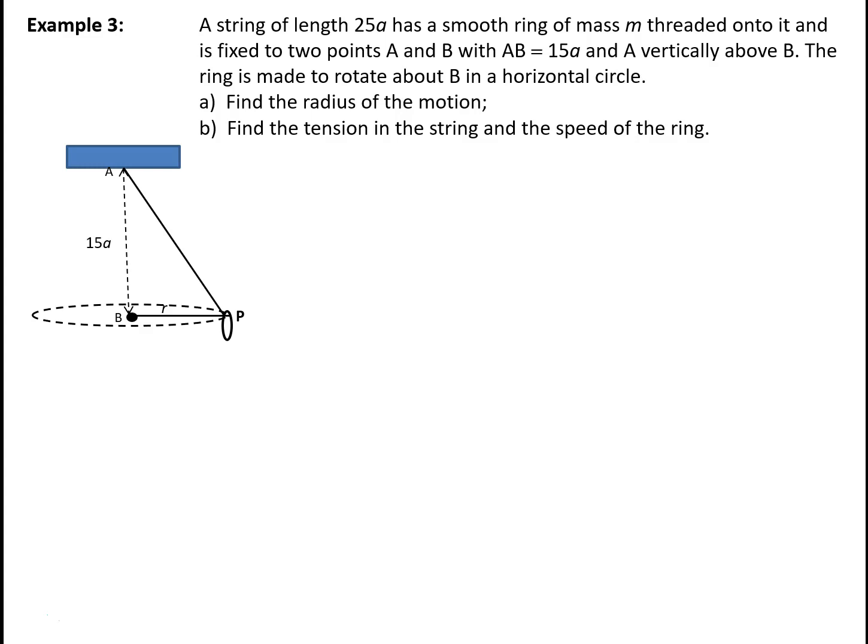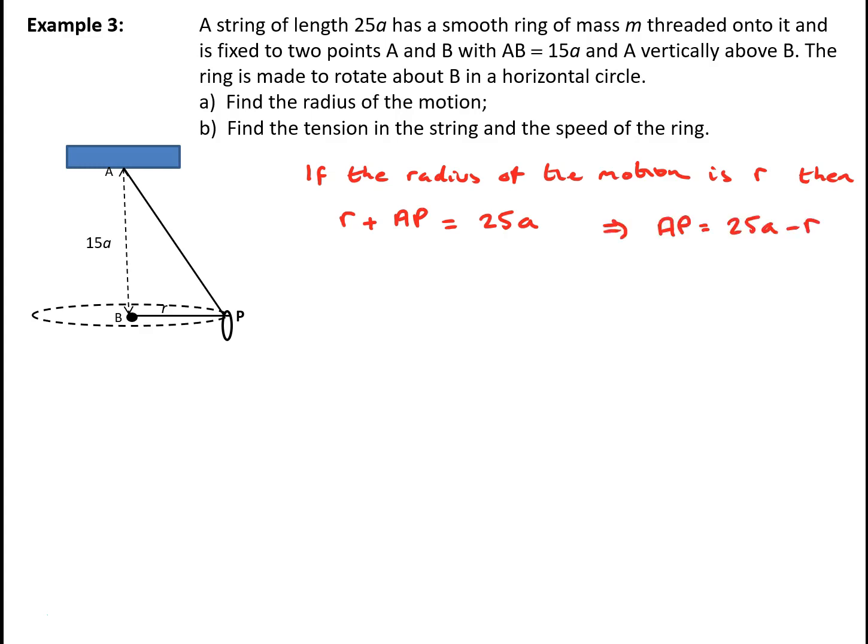We know that the length of the string is 25a. So if the radius of the motion is r, then r plus AP must equal 25a. In other words, AP is 25a minus r.